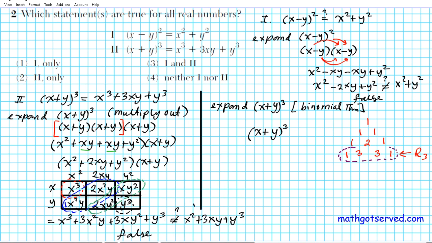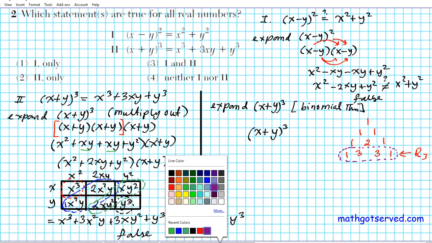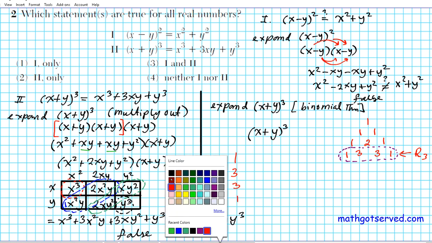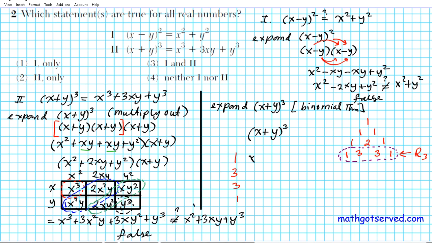Some of you already have this memorized. I'm going to line it up. So we have 1, 3, 3, 1, and then we're multiplying x and y, so I'm going to have x, x, x, x.